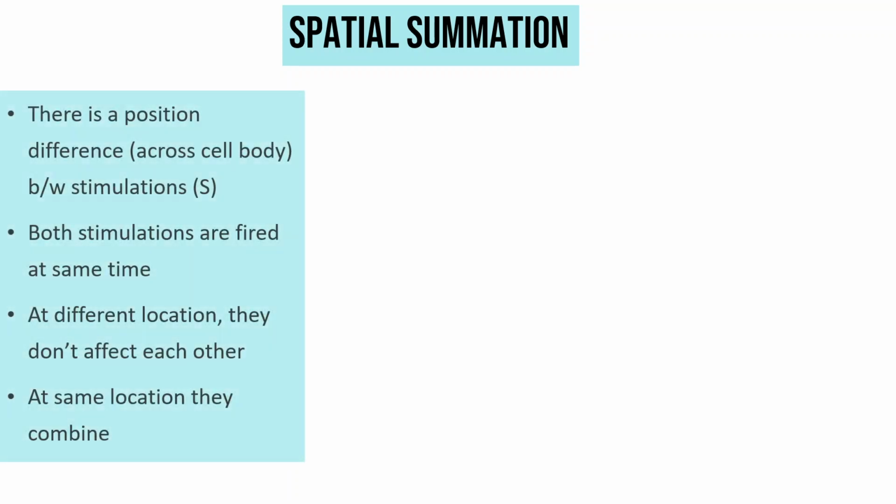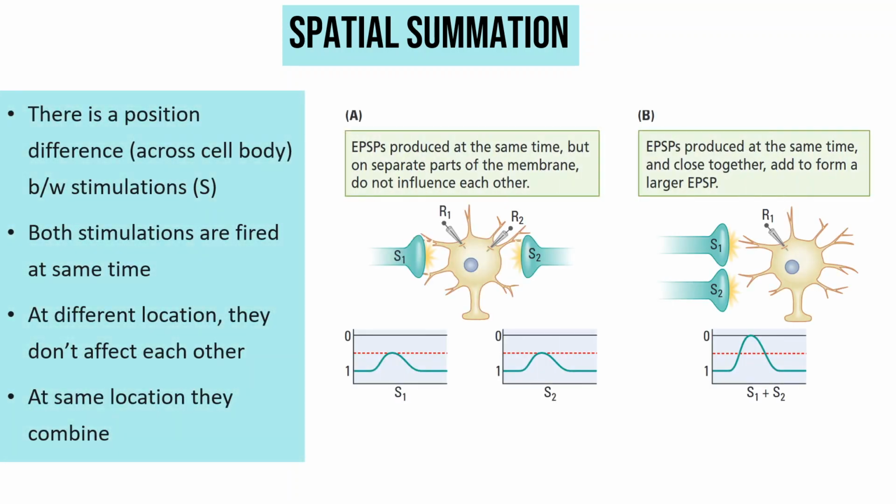There is also spatial summation, in which there is a position difference. Two different stimulatory neurons are placed at two different locations and their effect is noted. If both stimulations are fired at the same time, they are considered different if they are from different locations. But if they are fired at the same location, they are treated as one.